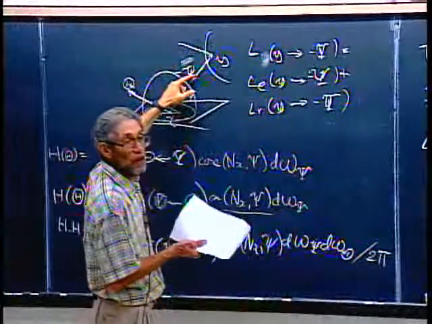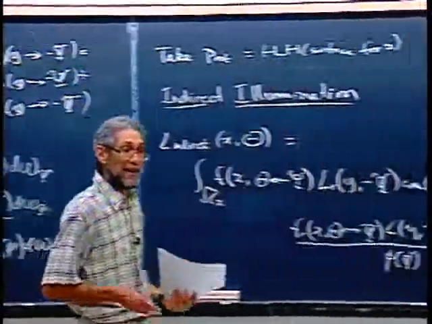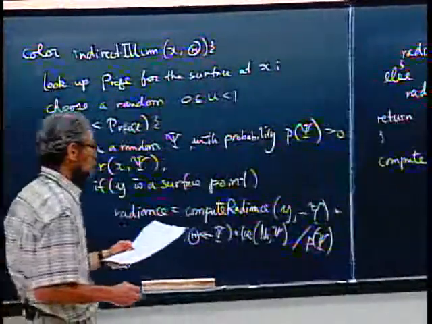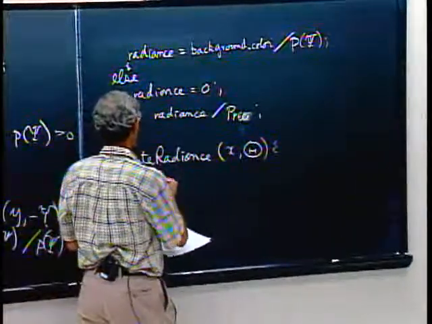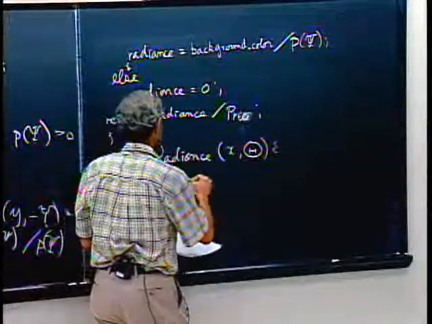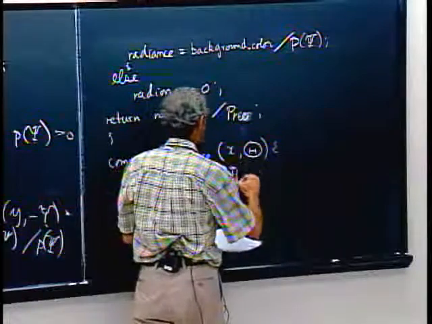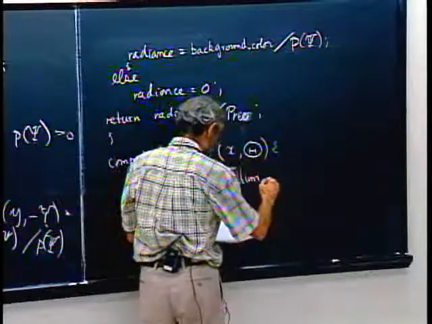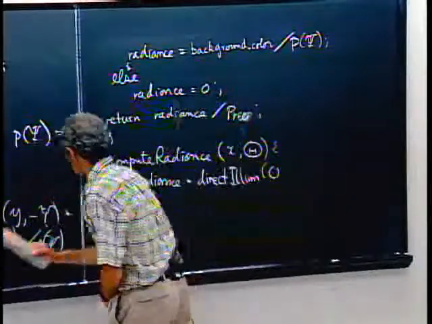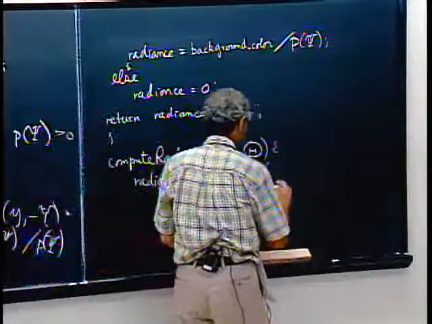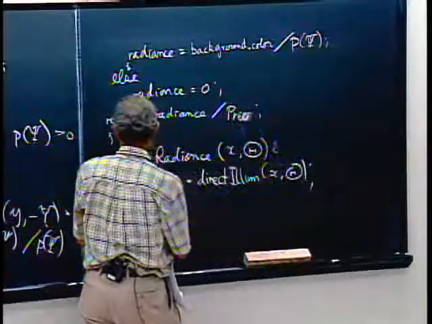And that's where we have the recursive call. So the recursive call is going to have direct radiance and indirect radiance. So what we're going to have to do is set radiance equals the direct illumination that we wrote last time. I guess I need an x here. And the indirect illumination.